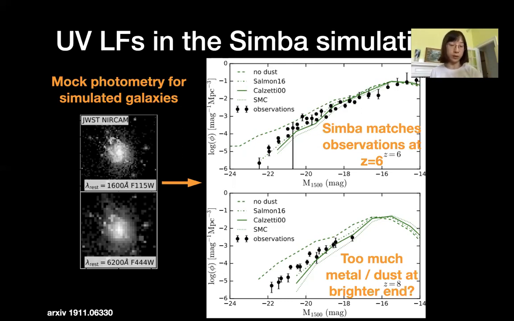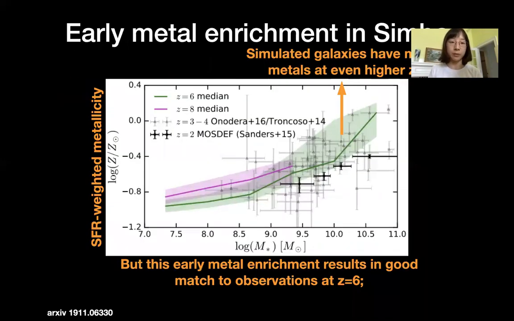So to look into the reason for that, we looked at the gas phase mass metallicity relation in the simulations. So here on the y-axis, this is the gas phase metallicity, which is also the star formation rate weighted metallicity. The x-axis is the stellar mass.